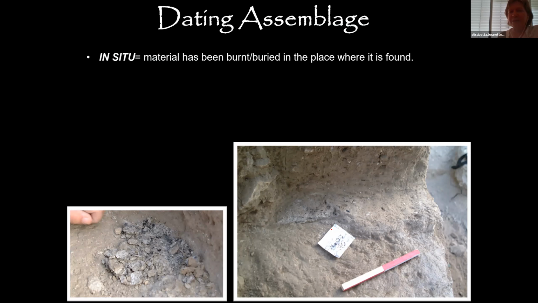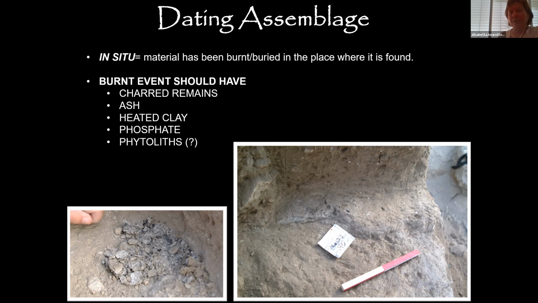The dating assemblage, this concept that I have introduced last time, is very similar to what you can say, a pottery assemblage that we use in archaeology. But for radiocarbon, especially in this case for charred remains, I define this assemblage. This is a small patch of white material with charcoal.